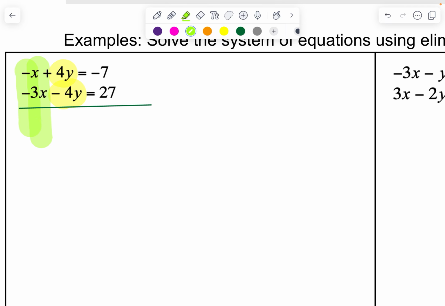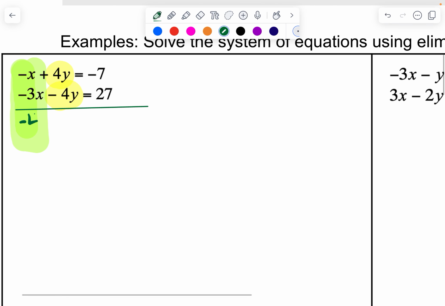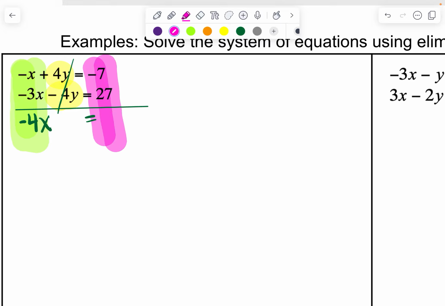So like negative x plus negative 3x is going to give us negative 4x. The y's go away. They get eliminated, which is what we wanted to happen. And then if we look at our constants, our numbers that don't have an x or a y in front of them, negative 7 plus 27 is 20.